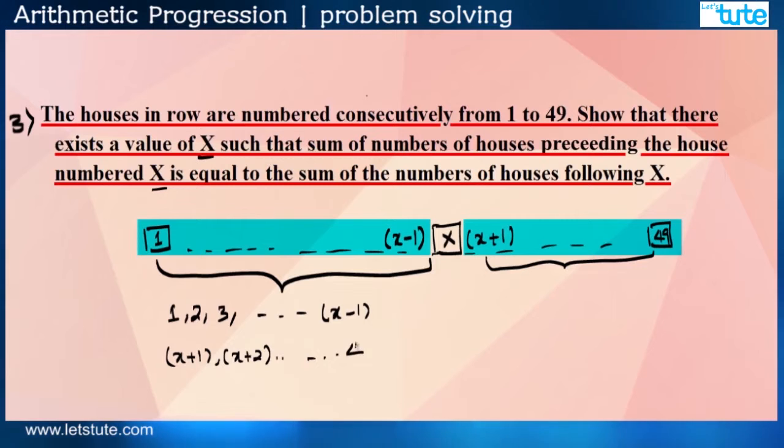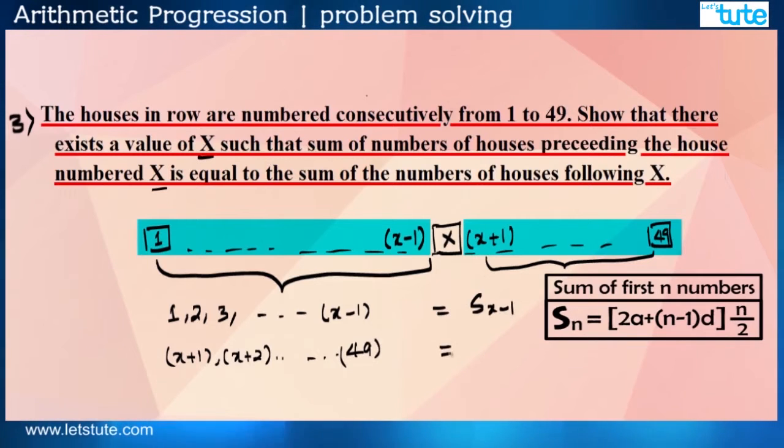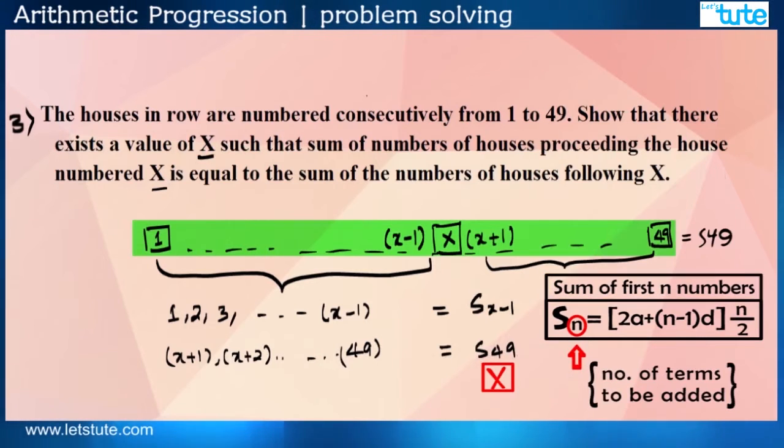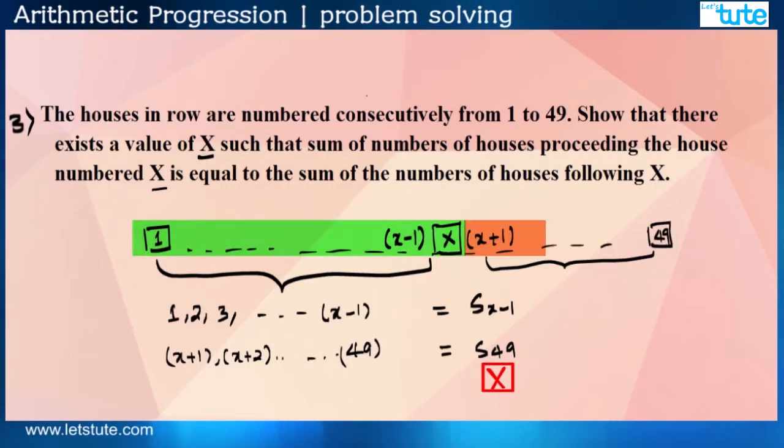So you will be finding the sum, that means S(x minus 1), and in this case it will not be S49, because S49 means we are adding all the numbers from 1 to 49, the summation of the first 49 numbers. Here, there exists x, and we are only adding numbers after this, that means from x plus 1 to 49.